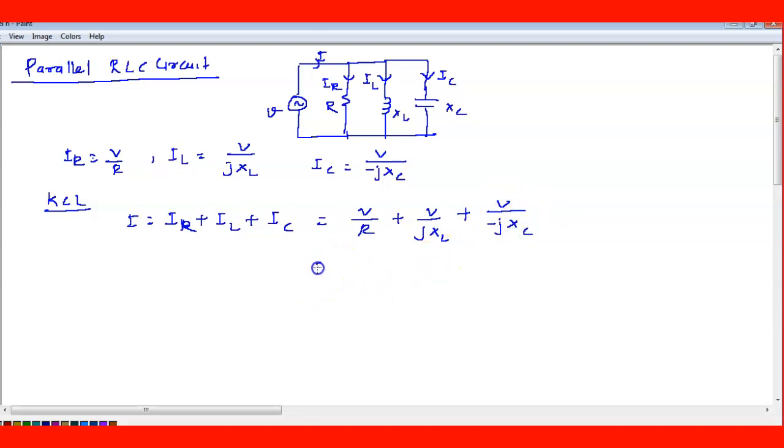If you write it here, V we can take common. So we get here G, which is 1 by R, plus, since 1 by J is equal to minus J, I can write here minus J. This is minus J, so minus minus will get cancelled and it will come plus.